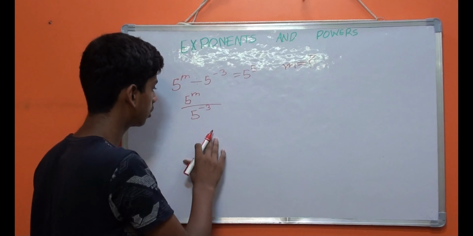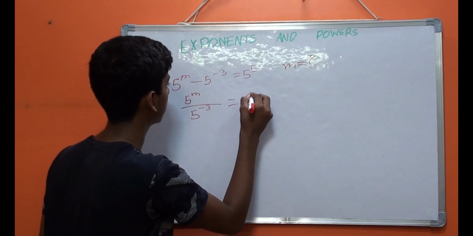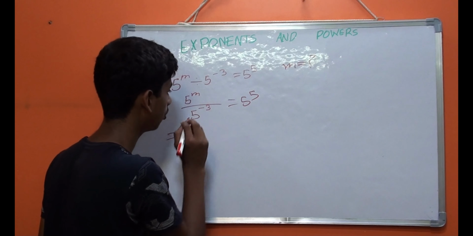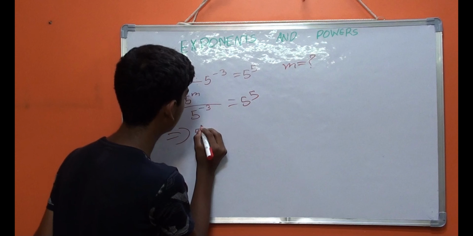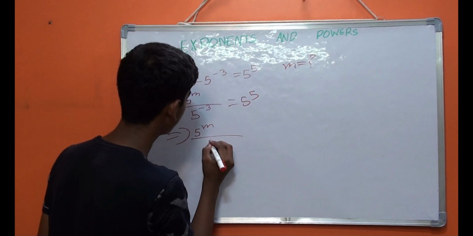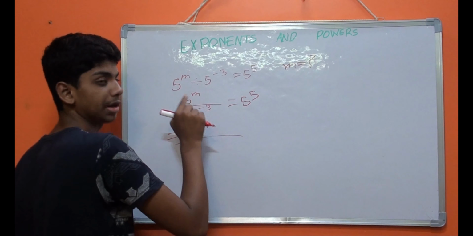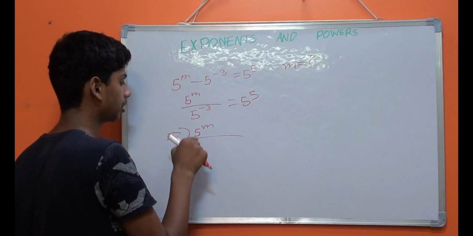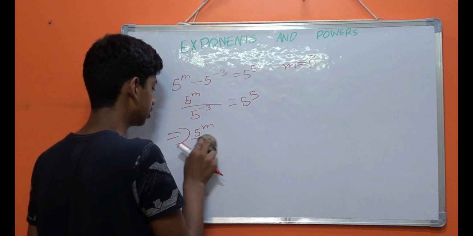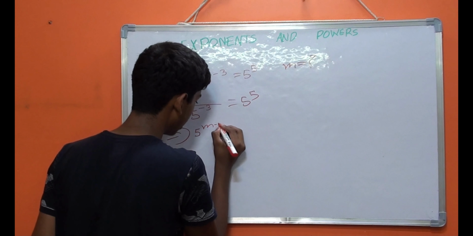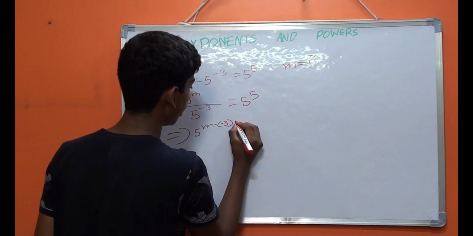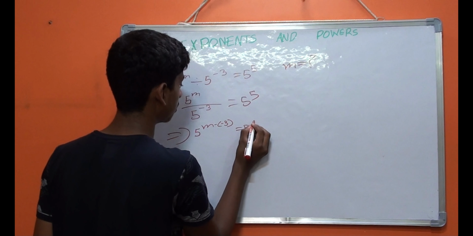Now this equals 5 power 5. Then this would equal 5 power m by a power n, we can subtract these two. Then we would get m minus of minus 3, and this equals 5 power 5.